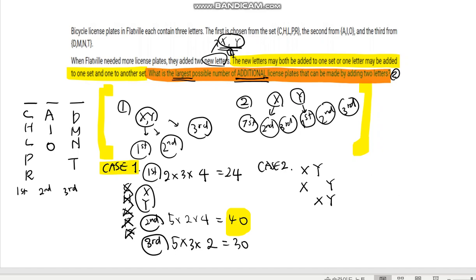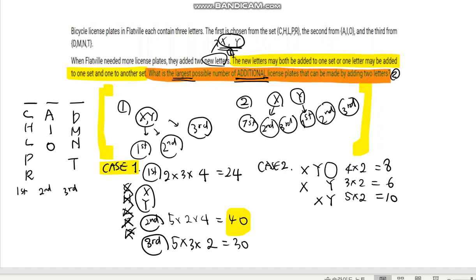These are practically the same case, with the same number of cases. So XY and in the last place, 4 for DMT could come. Therefore 4 times 2, which is just 8. In this case, XY is here like this, then this is just 3 times 2, which is 6. And XY over here, it is 5 times 2, therefore just 10 additional cases.